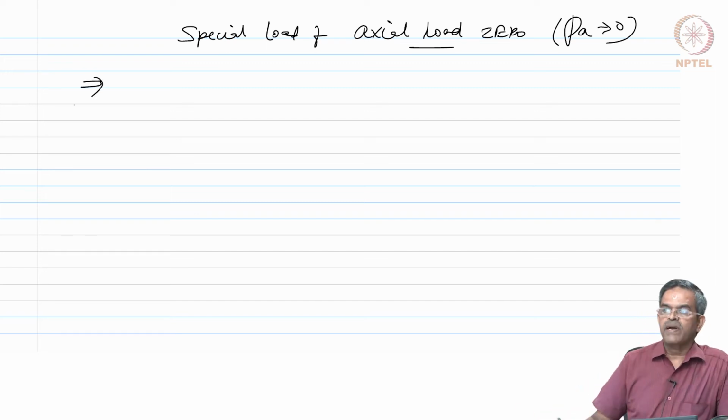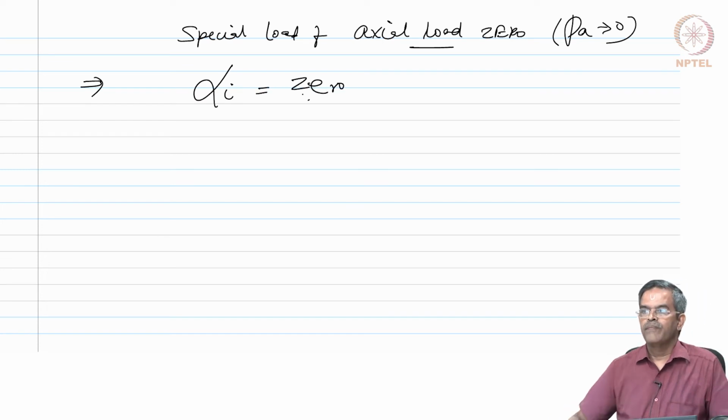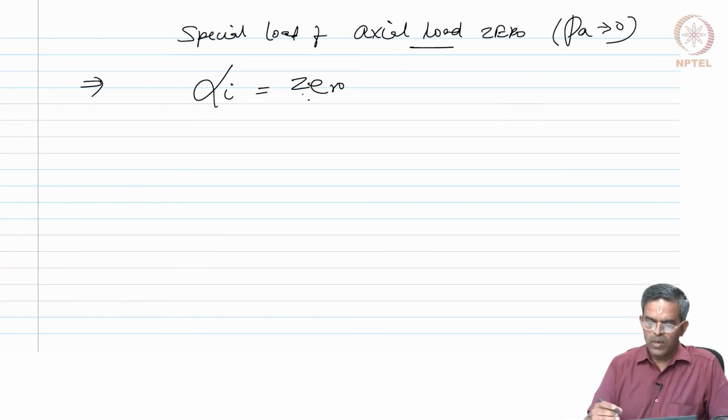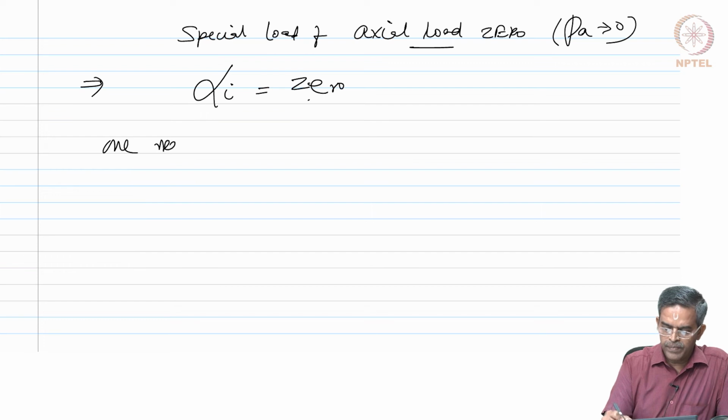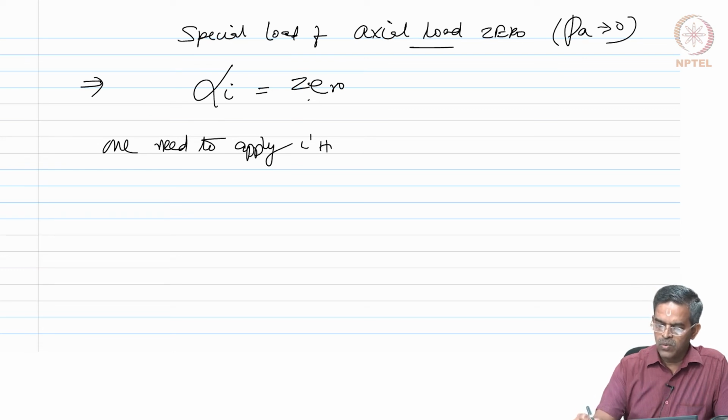Immediately it implies that alpha I will become 0, is it not? So, when alpha I becomes 0, look at the rotation coefficients which we just now derived. There is a possibility of 0 by 0. So, one need to apply L'Hospital's rule.